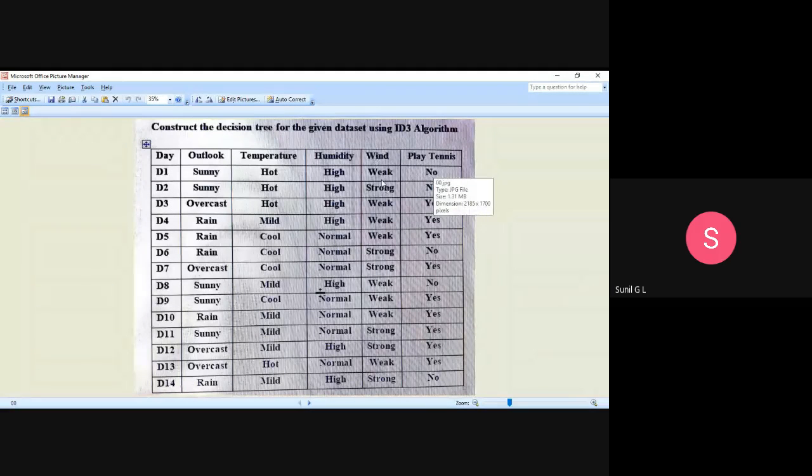After calculating the average information gain, calculate the gain of wind with the whole data set. Like that you need to calculate. Please try the gain of humidity and the gain of wind. After that, we'll go for the next step.